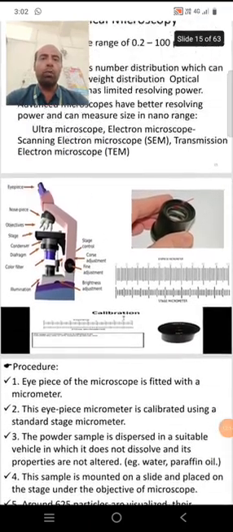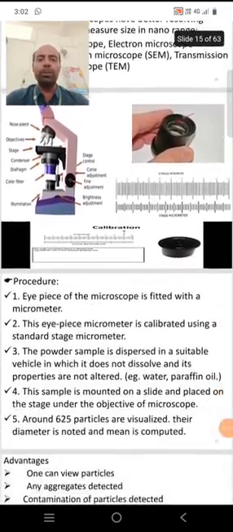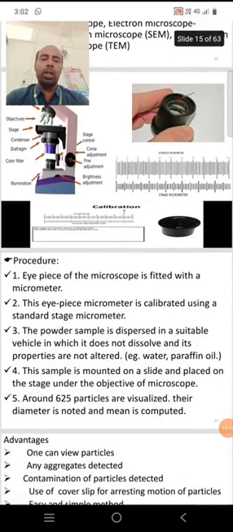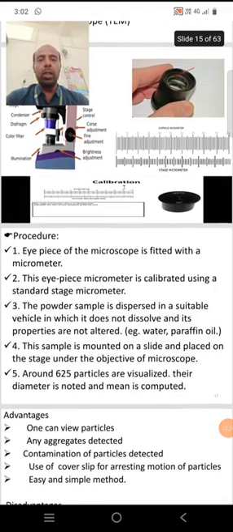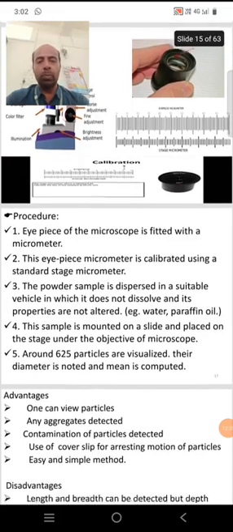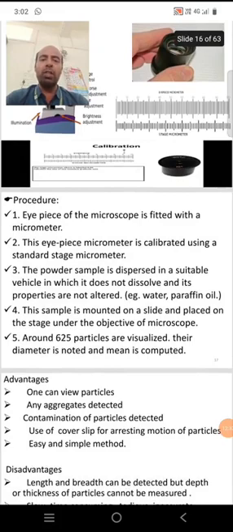What is the procedure followed in optical microscopy? The eyepiece of the microscope is fitted with a micrometer. This eyepiece micrometer is calibrated using a standard stage micrometer. The powder sample is dispersed in a suitable vehicle in which it does not dissolve and its properties are not altered, for example water, paraffin oil.